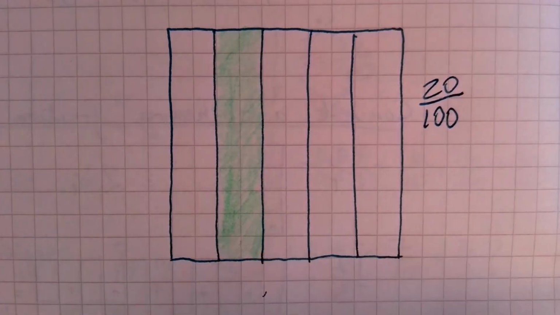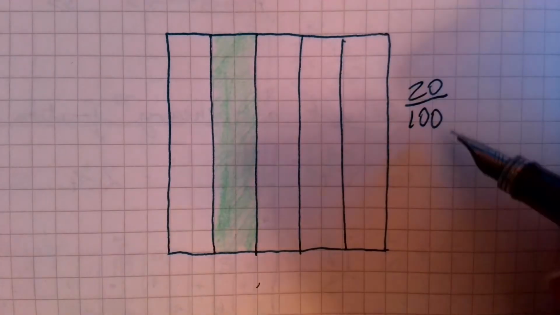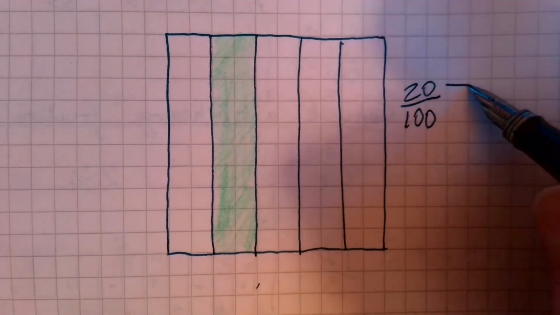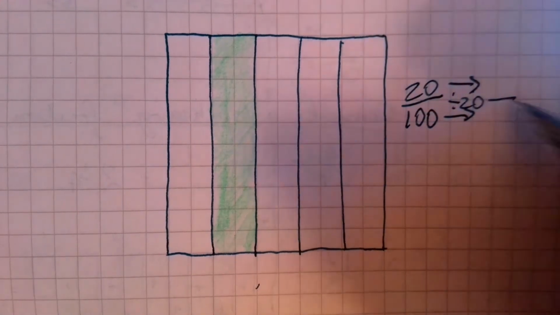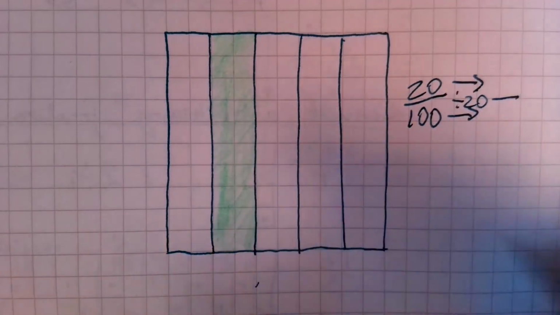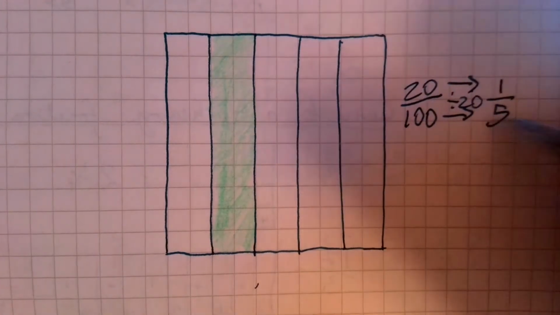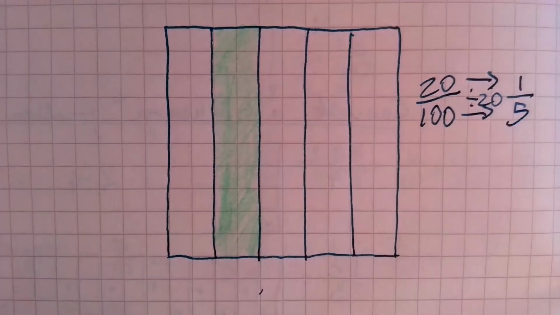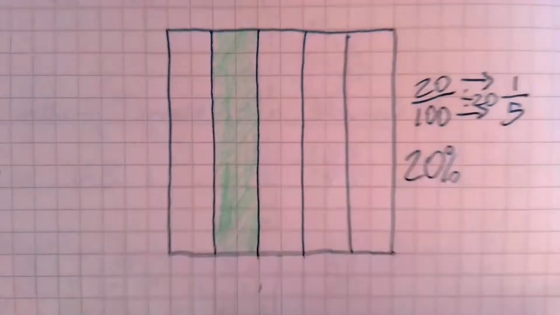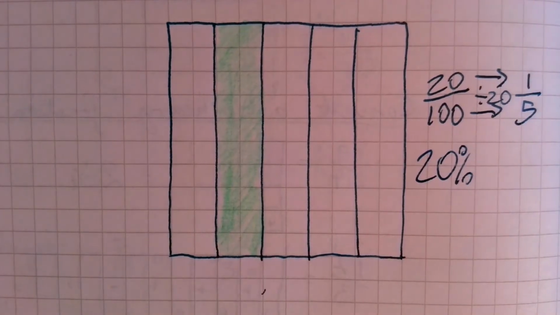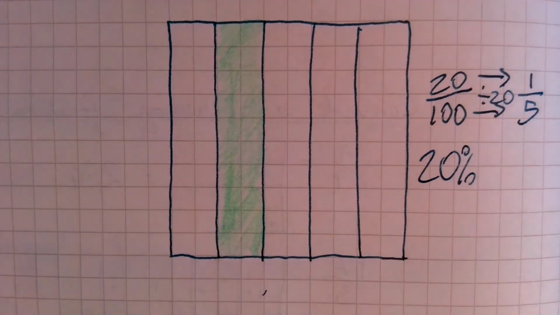And what we're saying when we simplify the fraction is to say, well, if we had smaller numbers, what could we say? So if we divided top and bottom by 20, we've got 1/5, and we can see it's 1/5 there. And that's also 20%, isn't it? So that's why 20% is 1/5 of something.